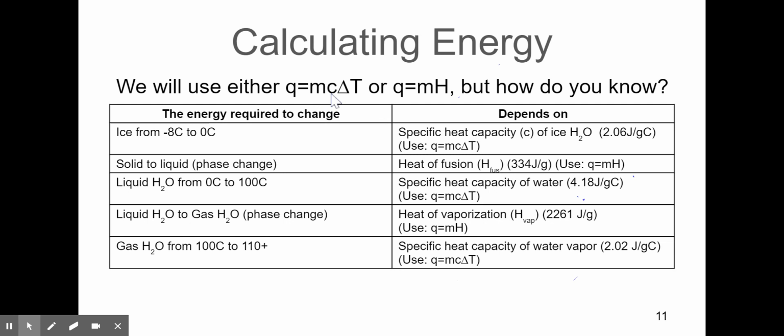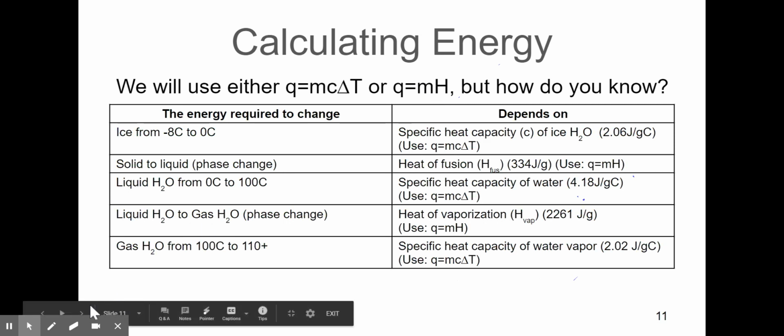It's the amount of energy required to change 1 gram of whatever substance it is by 1 degree Celsius. And this delta, this triangle T, means change in temperature. And we're going to use Celsius here. Now, Q here is heat again, so energy transfer or energy required or released is equal to the mass, M, times H, which is the heat of our phase change.